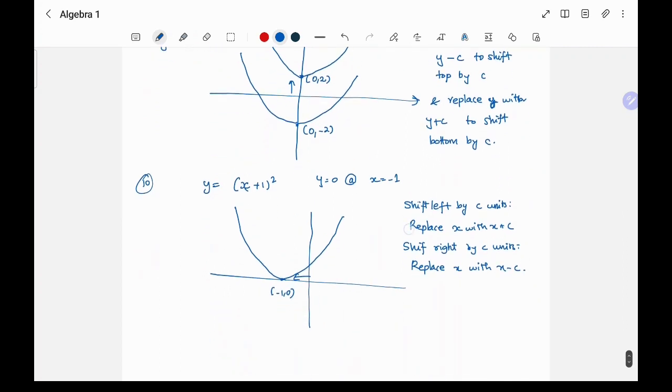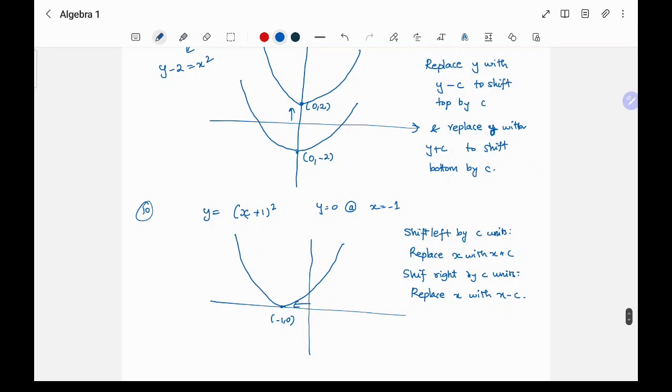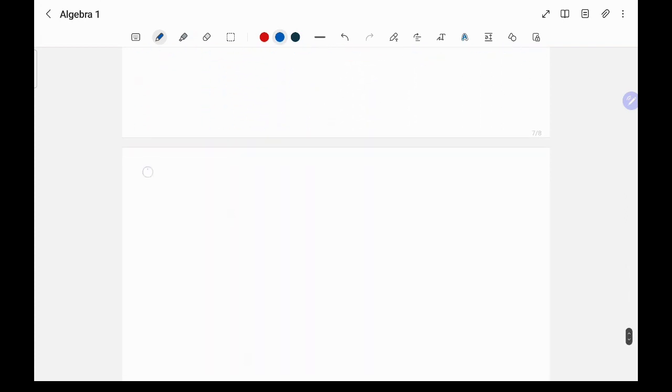So this will come very handy again. So you don't have to write each and every point of this equation to draw the graph. You can just shift it left or right or up or down to get the proper graph. So next, what if I want to shift both x and y? Then you just do the combined operation.